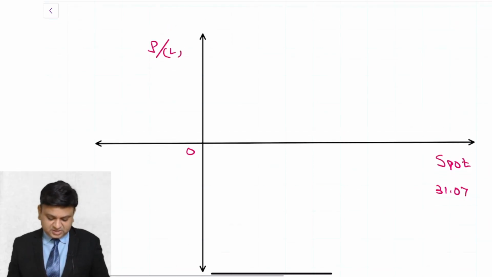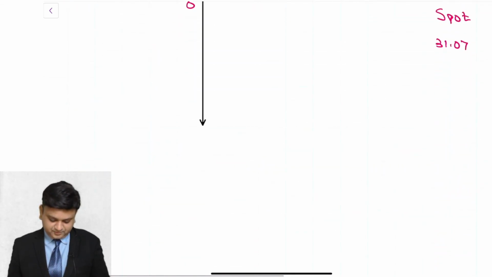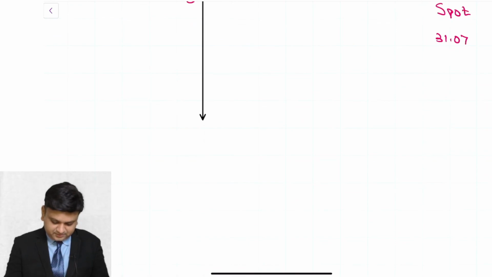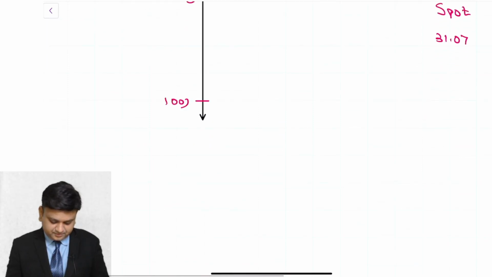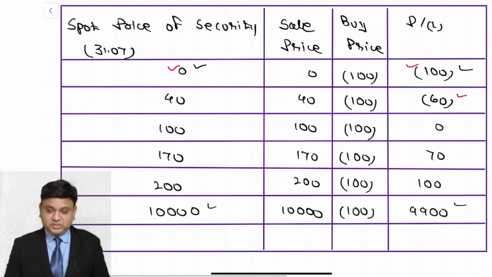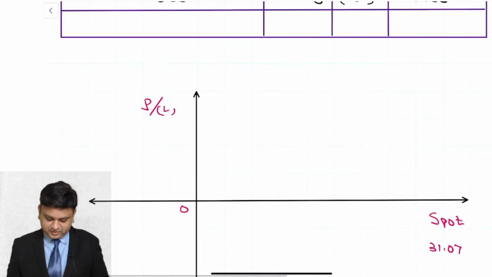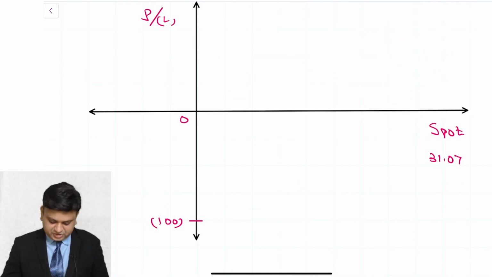In the diagram, my suggestion to all students is usually start with the 0 value. When the price of the security is 0, then there is a loss of 100 rupees. So we have a plotting over here for 0 rupees of the spot price, there is a loss of 100. Gradually the loss reduces, you reach the break-even point, you make a profit. And there is an unlimited profit potential.